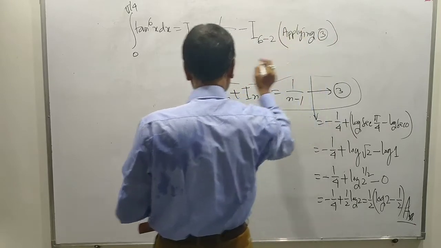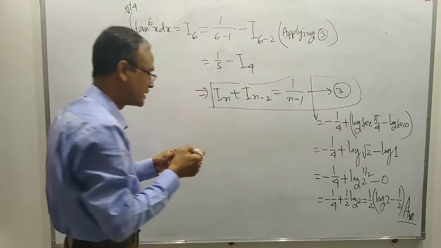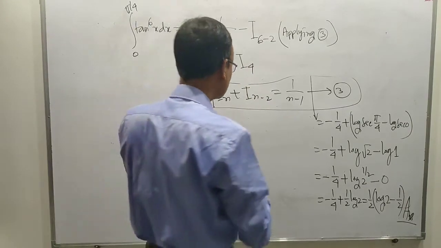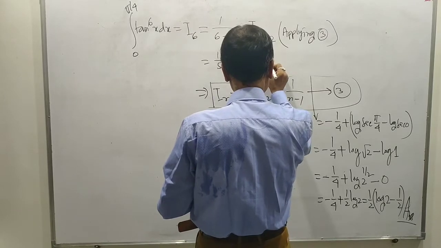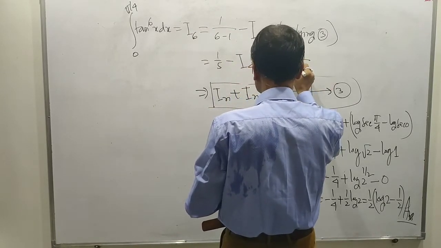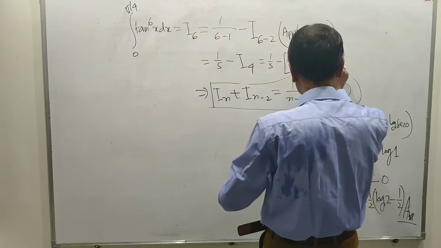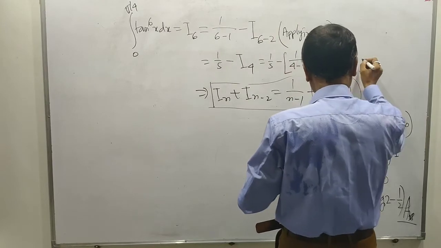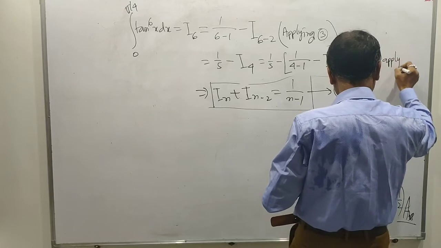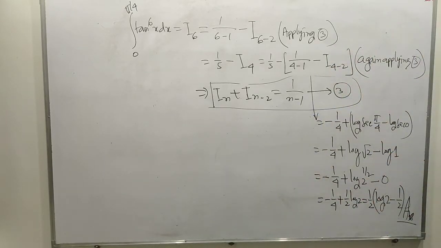Applying 3, you will get this one. This is equal to 1 by 5 minus I4. This is equal to 1 by 5 minus, again apply for I4, 1 by 4 minus 1 minus I4 minus 2.